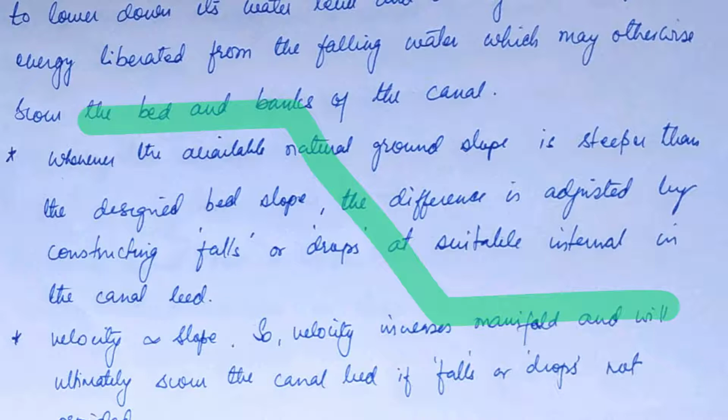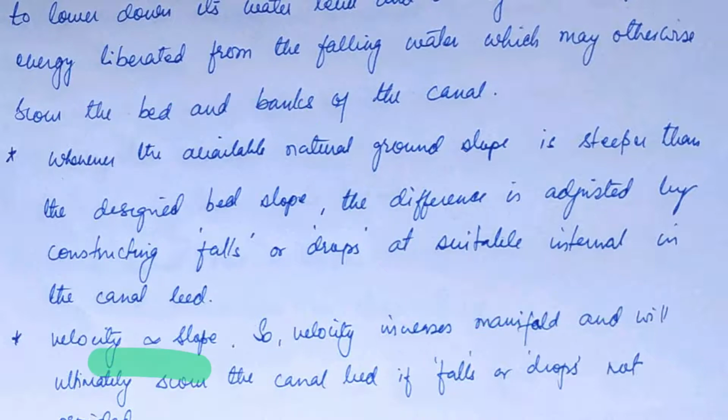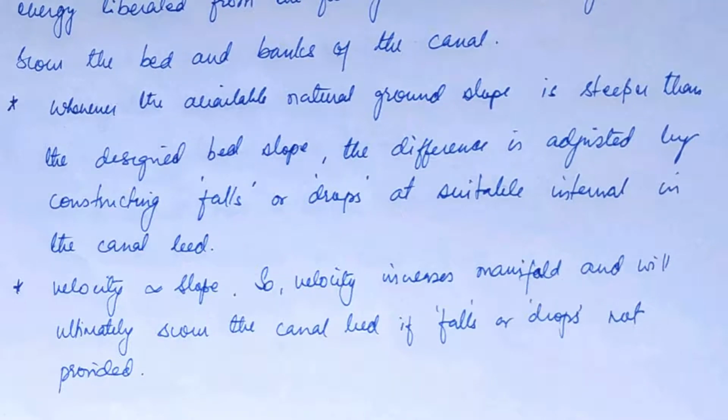Why? Because the velocity is directly proportional to slope. So, the velocity increases manifold and will ultimately scour the canal bed if falls or drops are not provided.